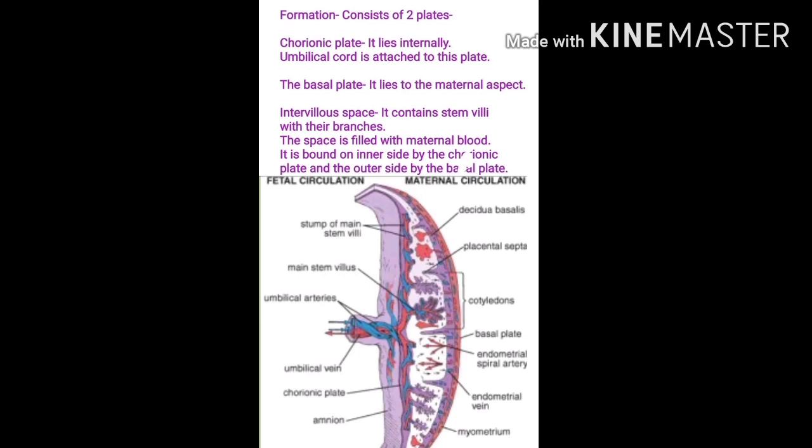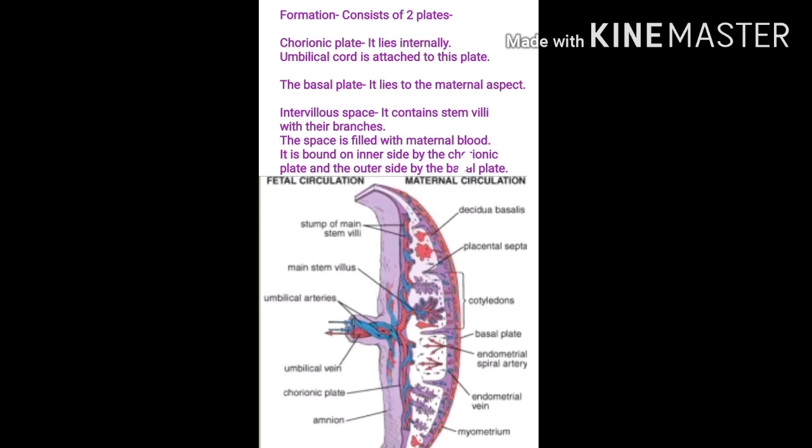But the chorionic plate is made of primitive mesenchymal tissue, while the basal plate is made of part of the compact and spongy layer of decidua basalis.